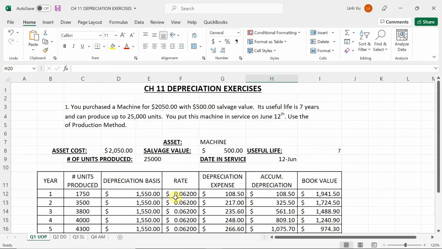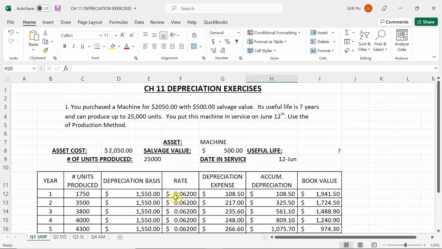Okay, so that's the per unit item. It's not like the other ones where it's time sensitive. It's not about the time, it's about the number of units that you can produce. Hence the words units of production. You mean the amount 2050 divided by 25,000, or what?